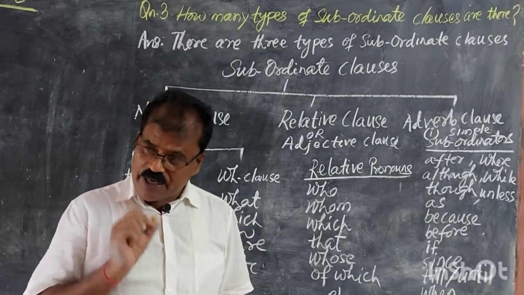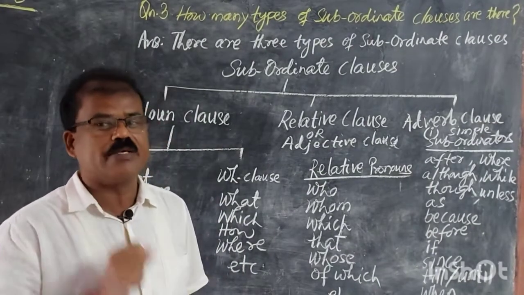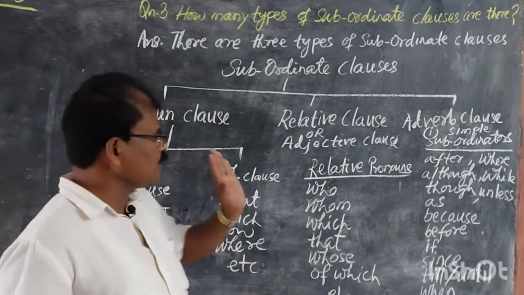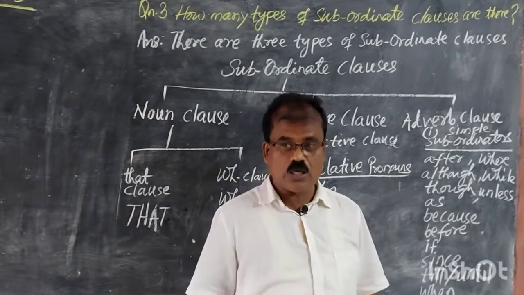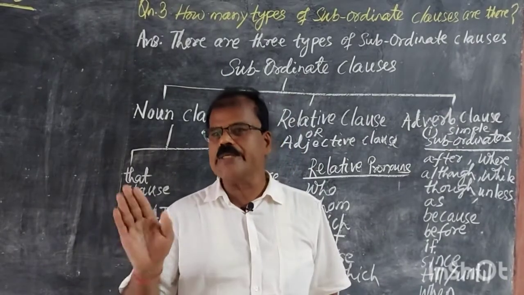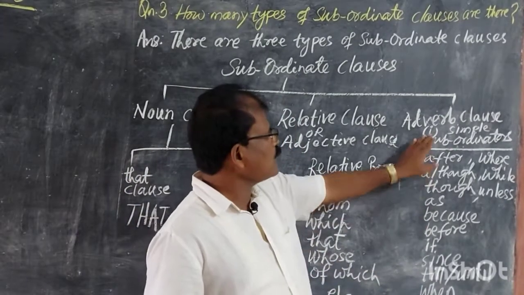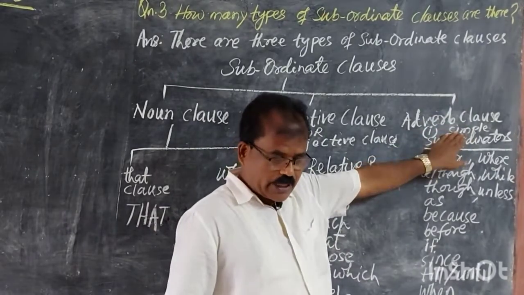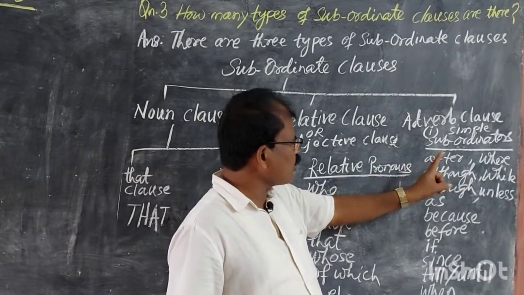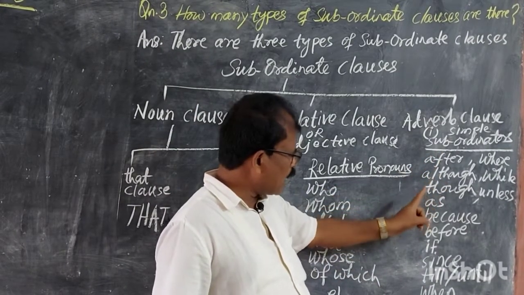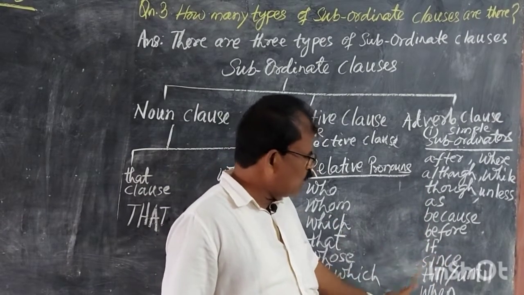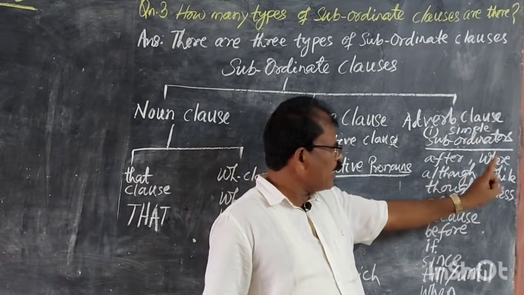So we can identify the complex sentences from their beginning. We can identify the subordinate clauses from their beginning. Now the other type of subordinate clause is the adverb clause. It does the activity of an adverb, and those subordinators that are used with an adverb clause are like after, although, though, as, because, before, if, since, till or until, when, where, while, unless.